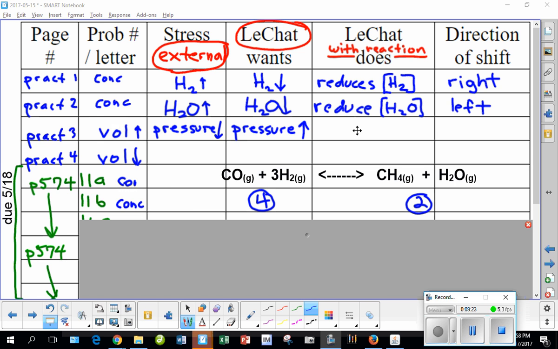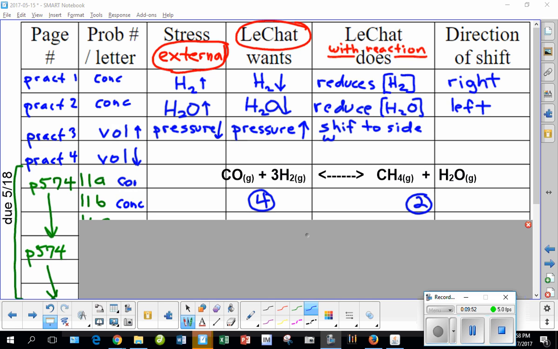Le Chatelier wants to shift. This is your reason for pressure and volume problems. Shift to the side with what? What do you think? More or fewer? Fewer will not bring the pressure up. Yeah, you gotta shift to the side with more because that will make more pressure.